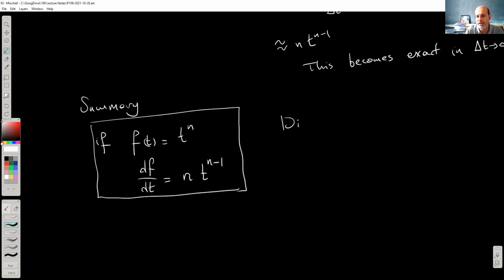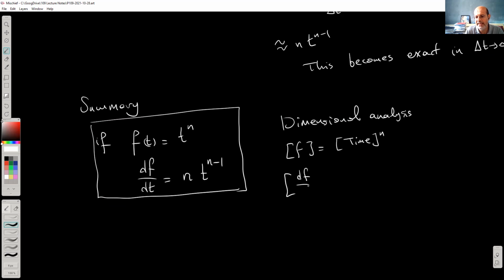I can use dimensional analysis in here. So f has the dimensions of time to the power n. So df over dt, I basically divide something with the dimensions of f by the dimensions of time. I'm just dividing time to the power n with time.